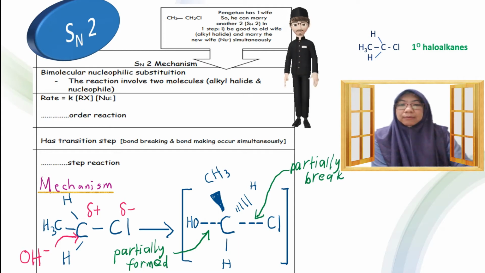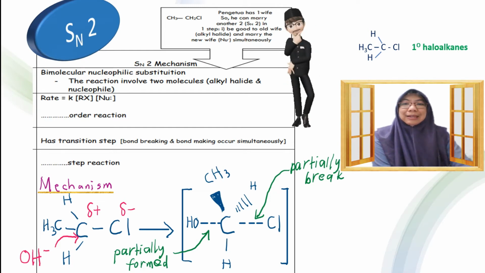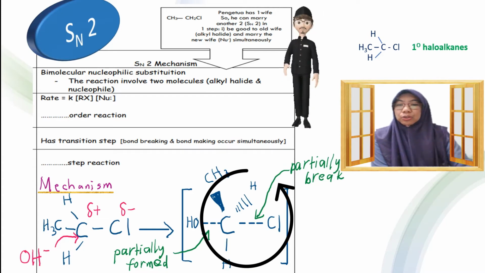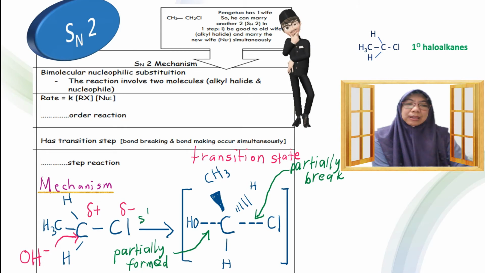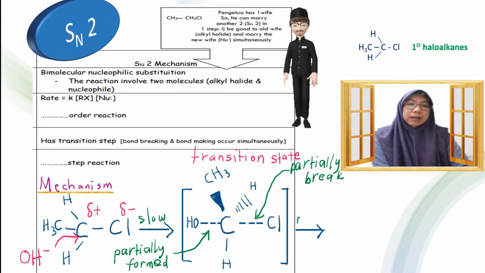So we call this a bimolecular nucleophilic substitution. This is the transition state, the slow step, and finally the product formed is alcohol, a primary alcohol. So here is the reaction.